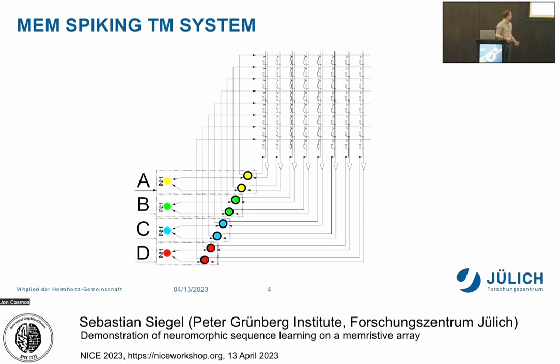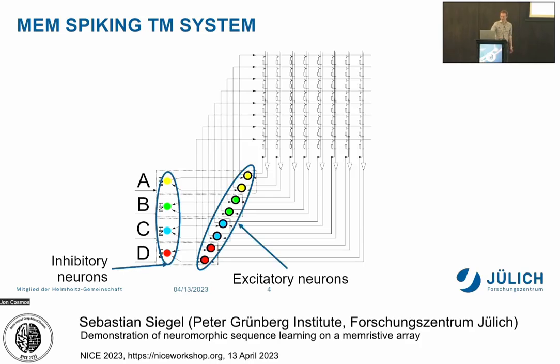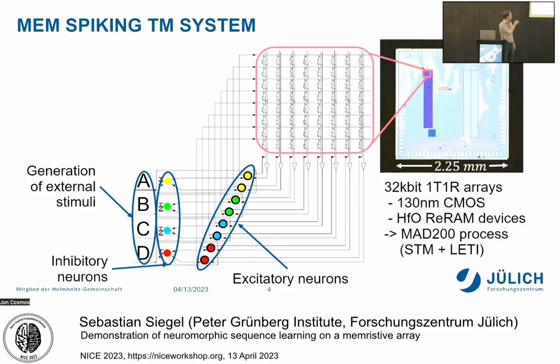Let's first start with the system. You can see the system right here. We have a bunch of neurons, both excitatory neurons and inhibitory neurons. These neurons are ordered in so-called subpopulations, these boxes here. Each subpopulation stands for one abstract sequence character and receives external stimulus exactly for this particular character. At the heart of our system, we have the memristive crossbar array that Melika talked about, or similar to what Melika showed us yesterday.